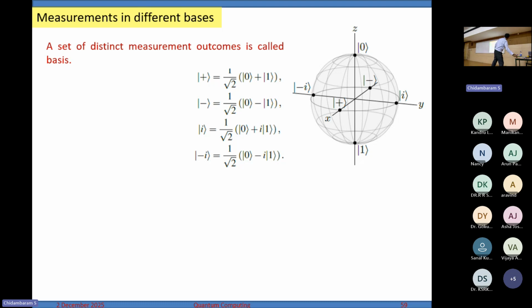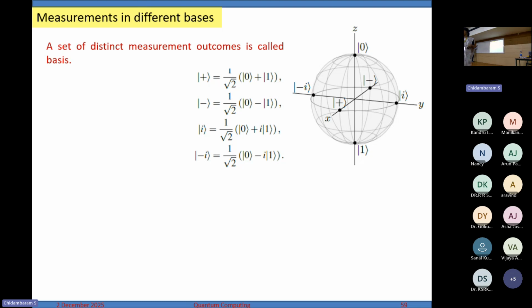Okay, so I have multiple bases like this. I have the Z basis, wherein I have 0, 1. I have the X basis, I have plus, minus. So you have the Z basis, wherein you have ket 0, ket 1. You have the X basis, with the measuring states ket plus and ket minus.